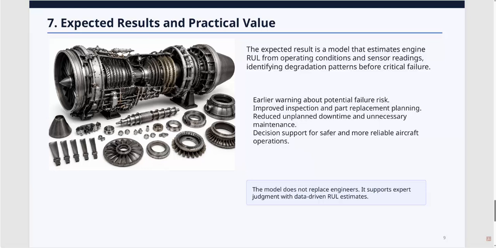This may help reduce unexpected failures, avoid unnecessary downtime, and improve the overall reliability of aircraft operations. The important thing to say here is that the model does not replace engineers. It just supports expert judgment with data-driven RUL estimates.